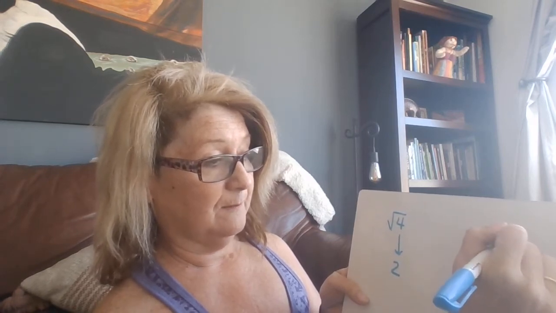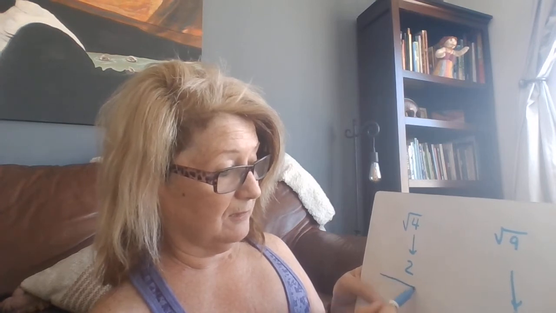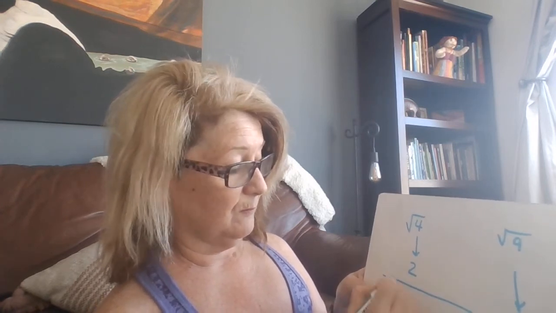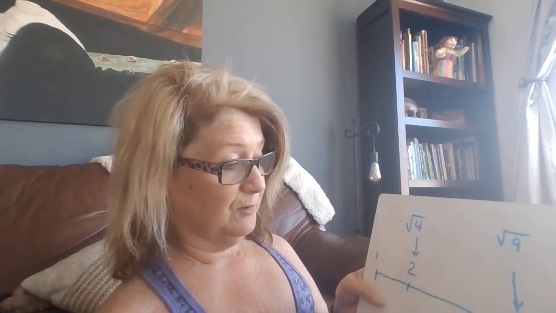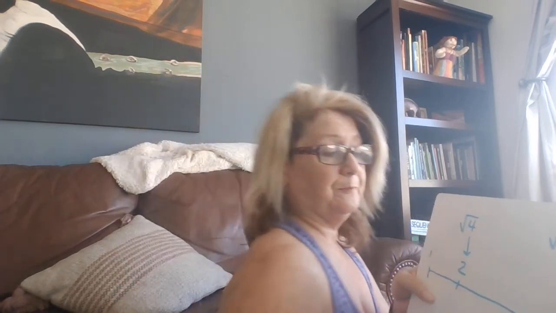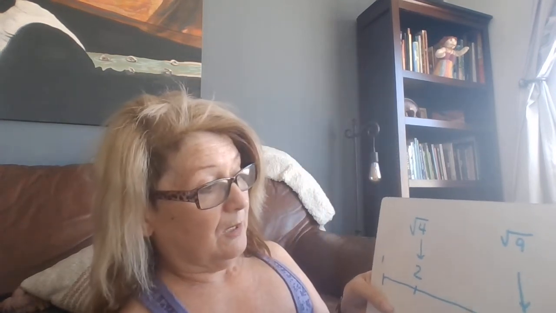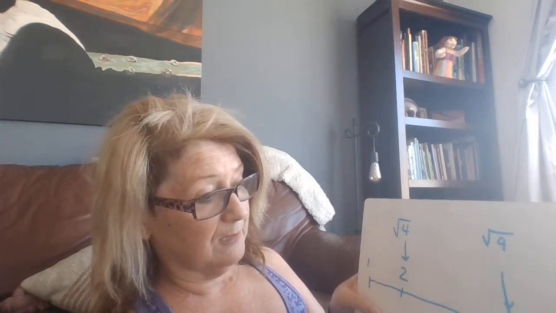I want you to imagine that there's a number line here. So we have 1 over here, and here's 2, and here's 3, and we're going on, right? And here are our square roots. So the square root of 4 is 2, the square root of 9 is 3.